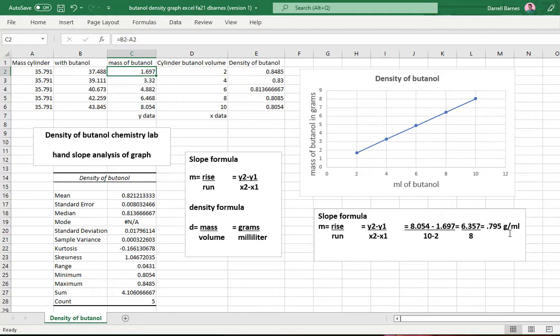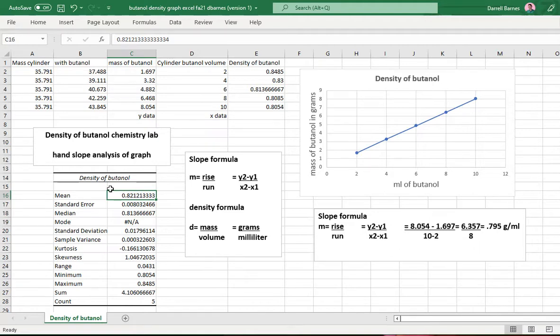This kind of showcases why a ToolPak add-on is helpful, because when I do a ToolPak add-on of all of this data right here, it gives me a value of 0.82, which is a little bit high. This hand value is a little bit low. The overall value is a little bit high, perhaps.